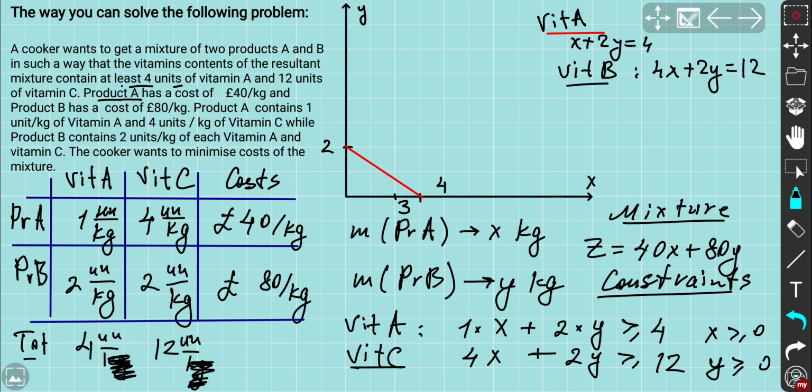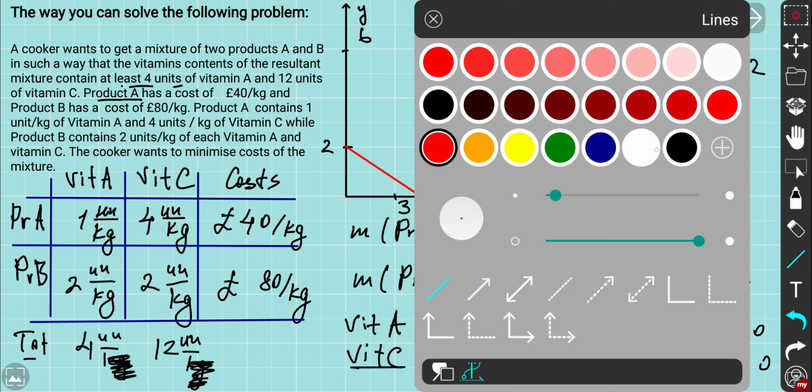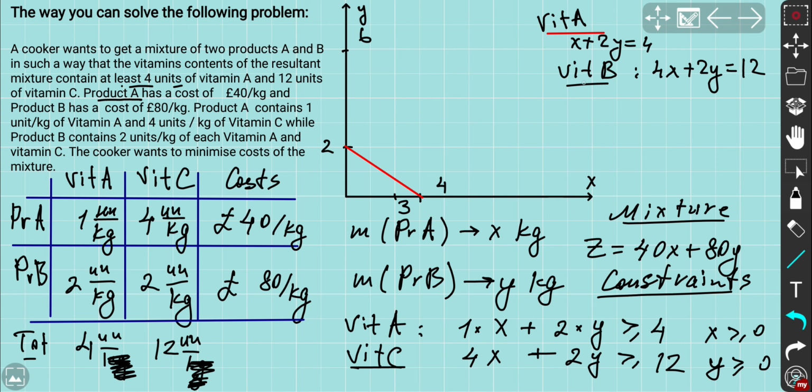So x is going to be 12 over 4, which is 3. And if we say x is 0, y is going to be 6. So 6 is going to be there. Let's use the blue line for that. So for this vitamin, we're going to consider the blue line, which goes that way.